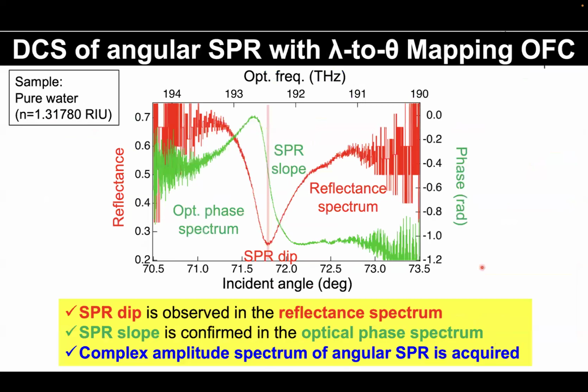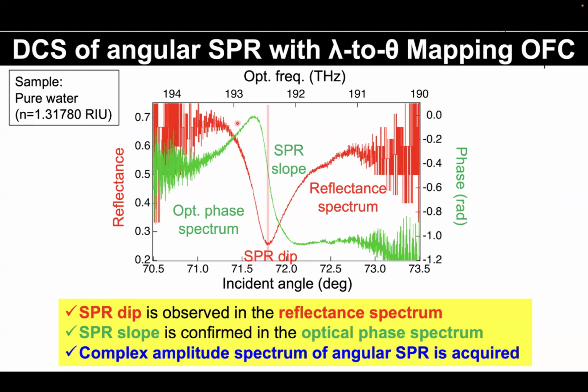Next, we perform the dual-comb spectroscopy of angular SPR with a lambda to theta mapping OFC. The sample is pure water. The red plot shows the reflectance spectrum with respect to the incident angle, so the SPR dip was clearly observed here. Conversely, the green plot shows the optical phase spectrum with respect to the incident angle.